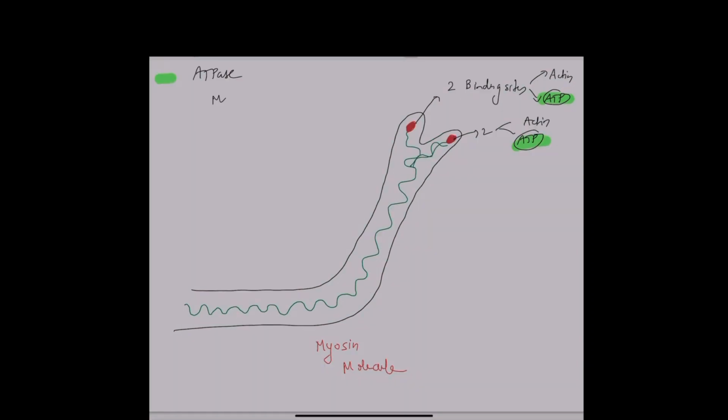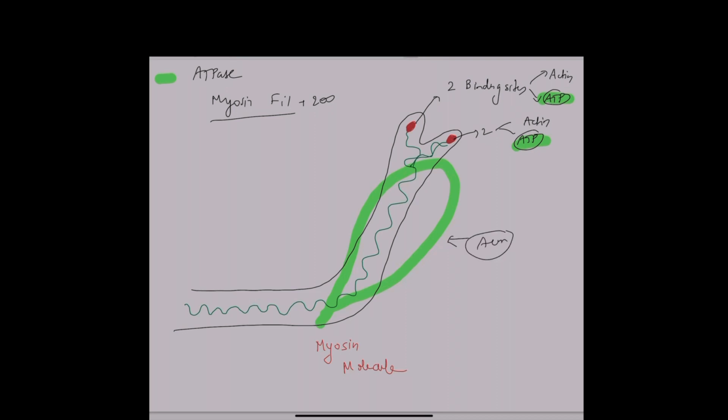Each myosin filament is composed of more than 200 myosin molecules. The myosin molecule leaves the tail and extends towards the head in this portion. Let's call this portion the arm.